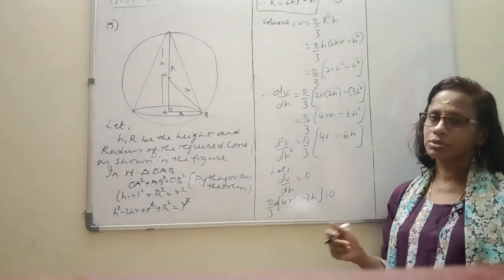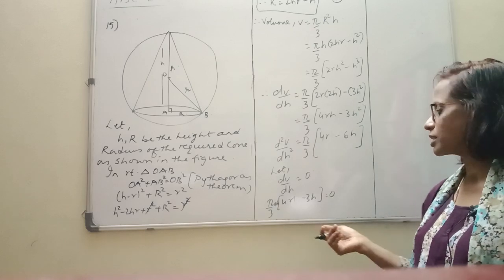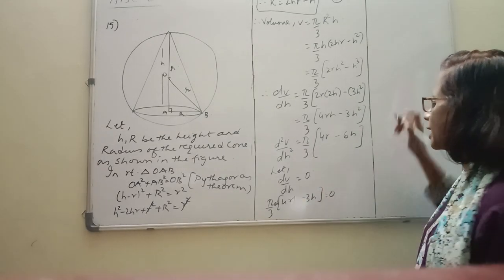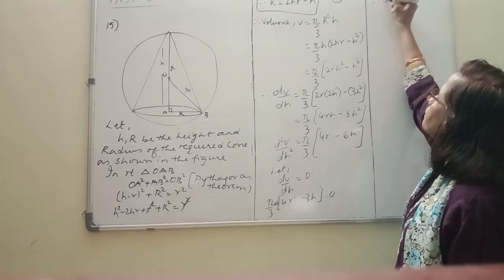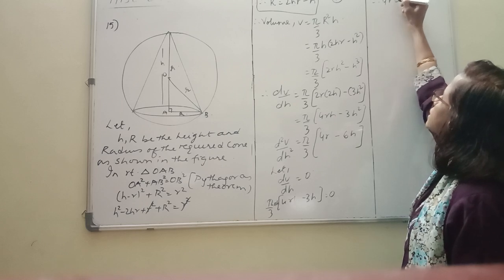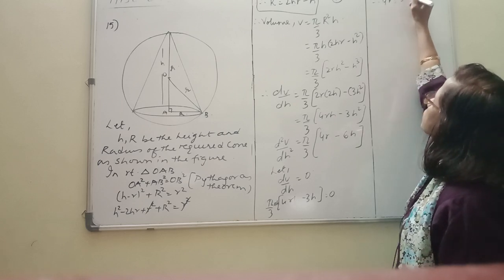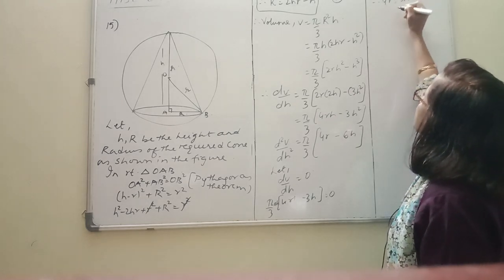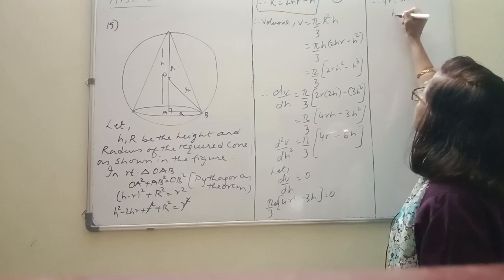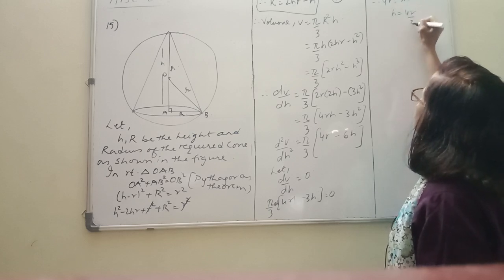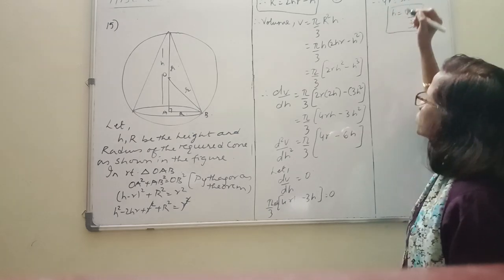Actually h cannot be 0, that's the reason. So you will get 4r minus 3h equal to 0, which will mean h is equal to 4r over 3. This is one thing that they had asked us to show.